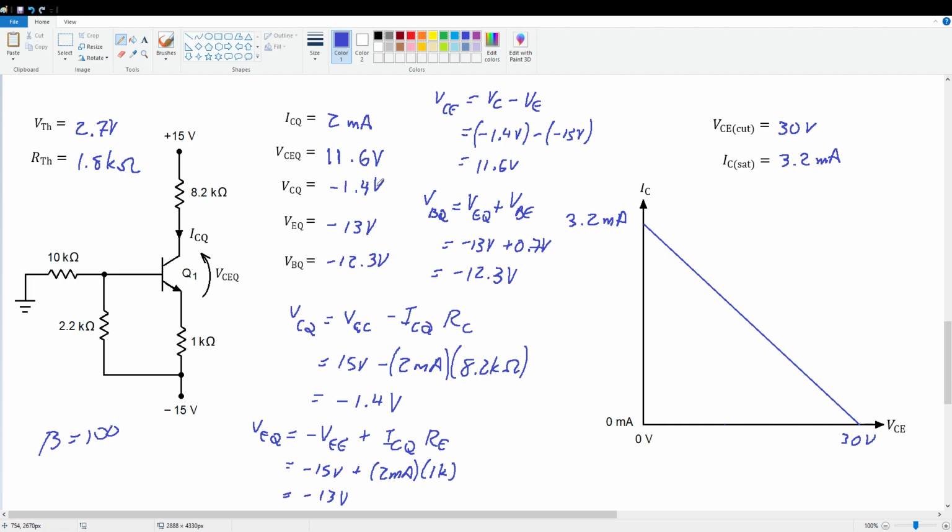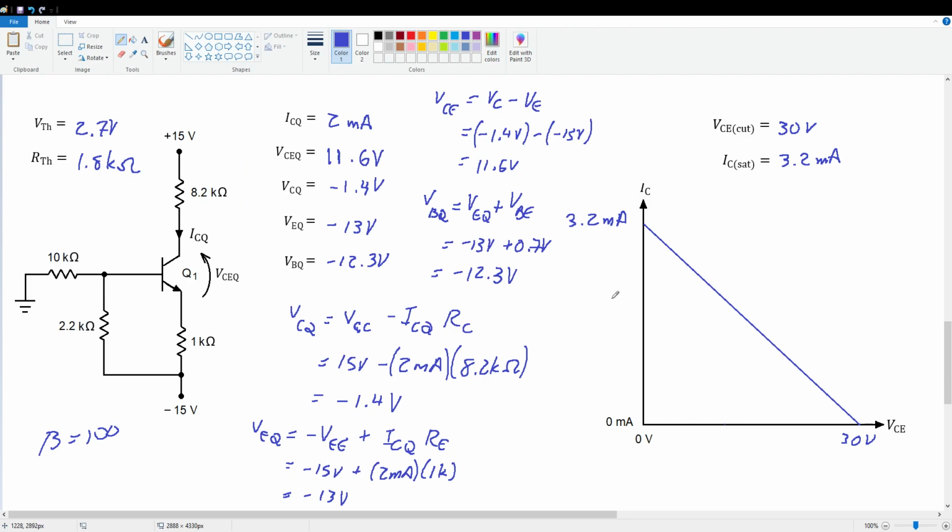So there are all the voltages that we could measure in this circuit. We've got 11.6 from collector to emitter. The collector is sitting at negative 1.4. The emitter is sitting at negative 13, and the base is sitting at negative 12.3. All these negative voltages are not a problem, because when we put it all together, we're still operating in the first quadrant where an NPN transistor has to be if it's in the active region.